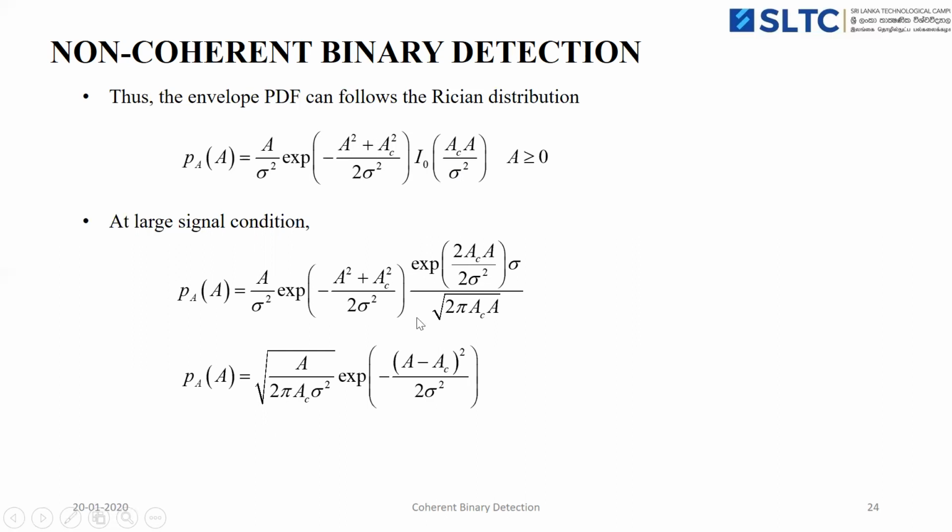We substitute v as AC A by sigma squared. For convenience, we multiply both numerator and denominator by 2, divided by square root of 2 pi v. So AC A by sigma squared, because it is coming out from the square root, it becomes sigma.